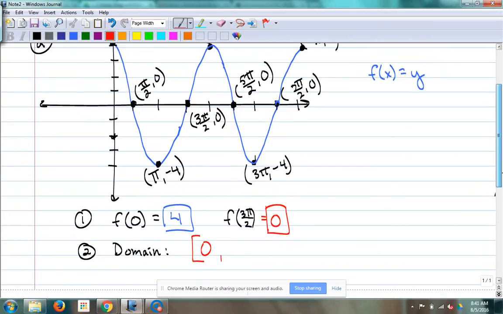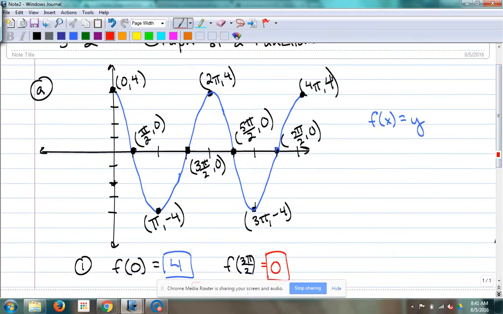And then we look and say, how far does it go to the right? So we read it left to right. What's the furthest x value to the right? 4 pi. So the x value, 4 pi, which is just 4 times 3.14159, all those numbers. It's a number.